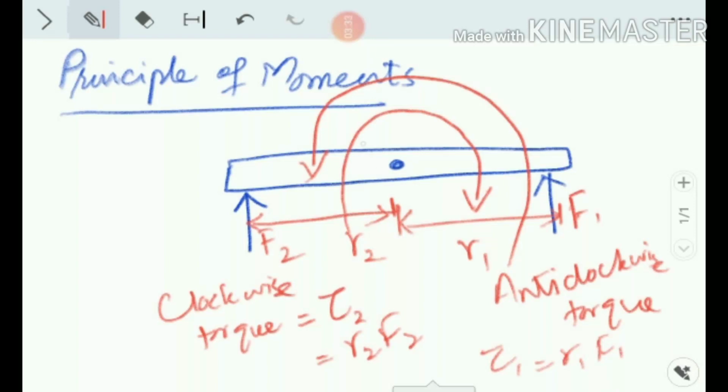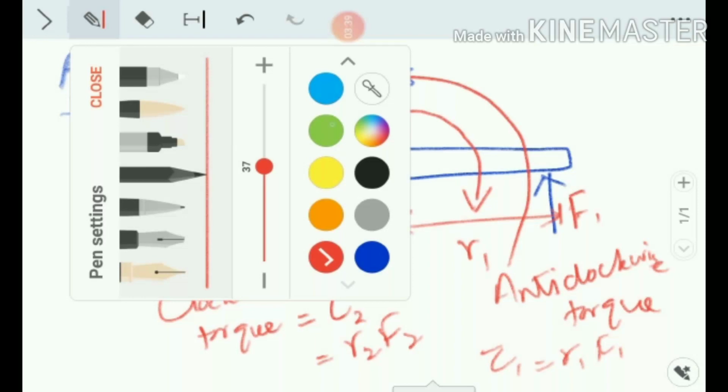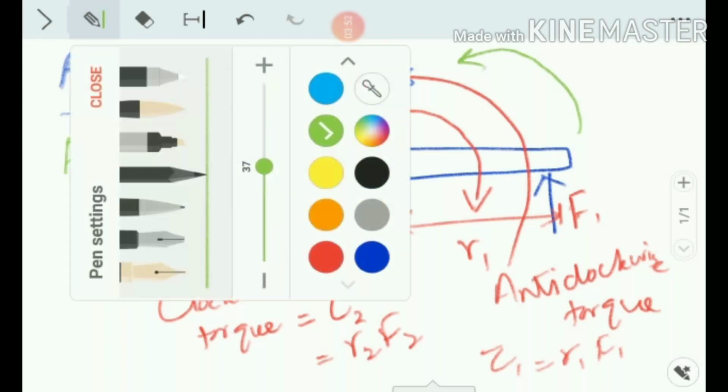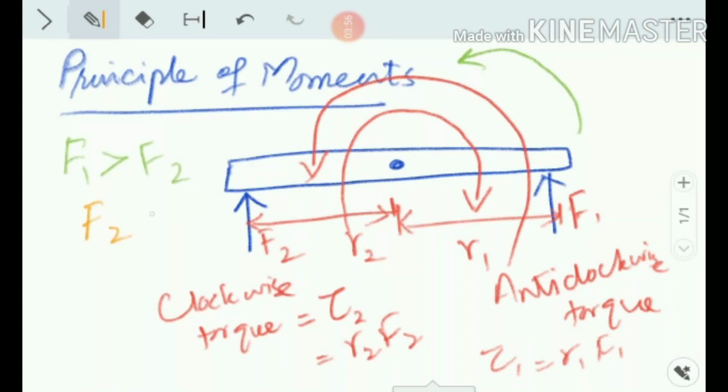Now we know that this lever will only rotate in the direction in which the torque is greater. If let us suppose F1 is greater than F2, then the rod will rotate in this direction. But if F2 is greater than F1, then the rod will rotate in this direction, which is clockwise.